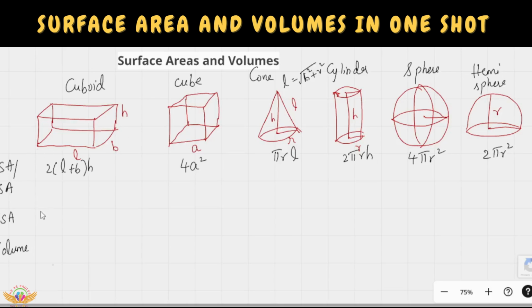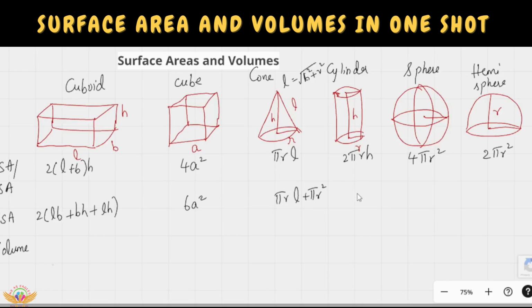Done. So coming to the total surface area, here the top and bottom are also included. So it is 2 into LB plus BH plus LH. And coming to the cube, 4a square, and top and bottom also, so 6a square. For the cone, pi r L will be the curved surface area, and also the circle is there, right? So the circle's area is pi r square.